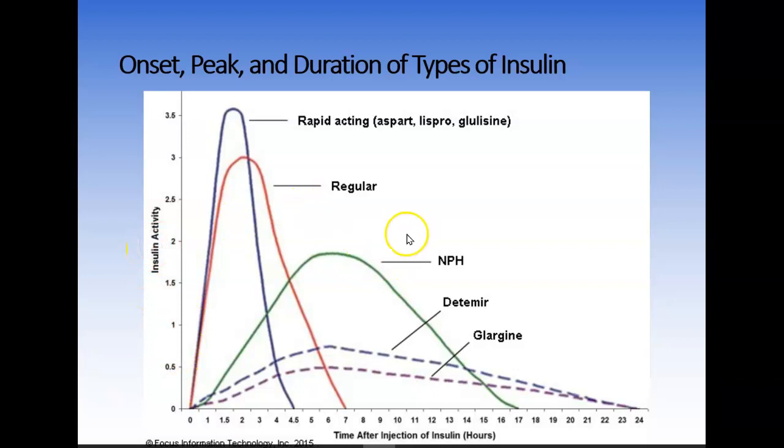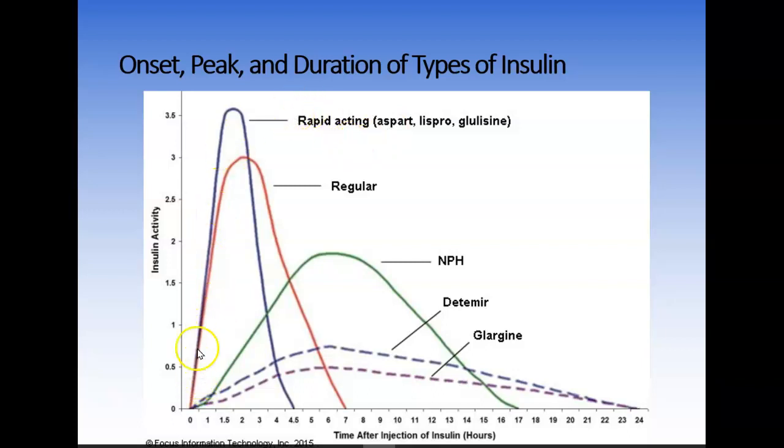All right, so here's an example of how all these things apply to insulin, okay? If you've done any time in the hospital, or maybe run across this at home or something like that, you notice that some people on diabetic medications are on different ones. So we have your different types of diabetic medications. The really fast ones, right? Lispro is one of the most common ones you'll see used.